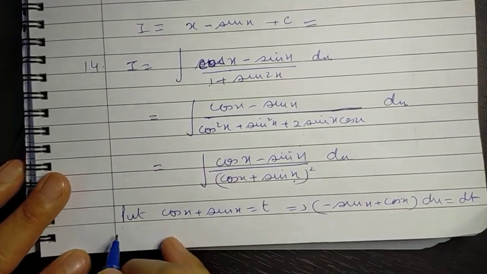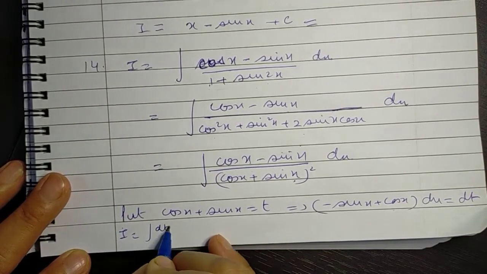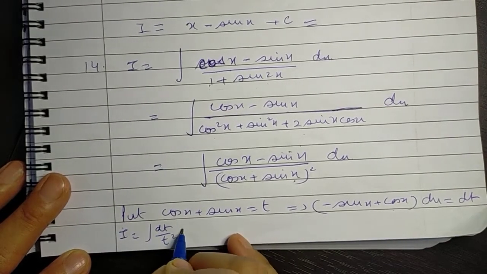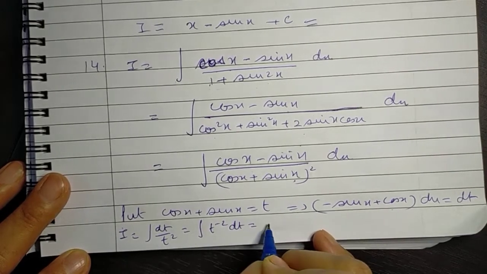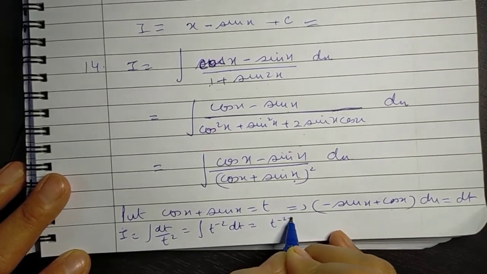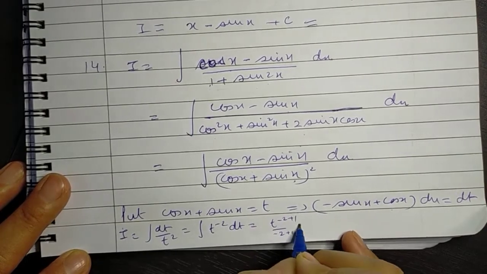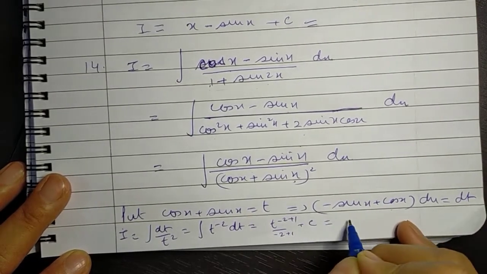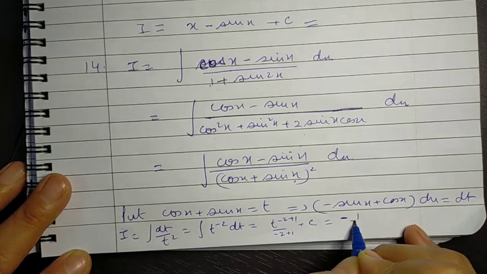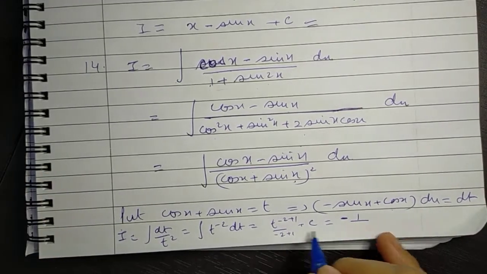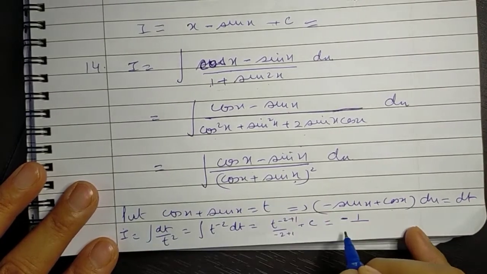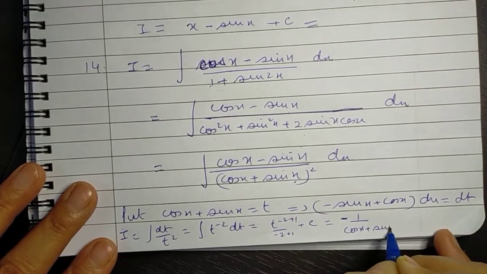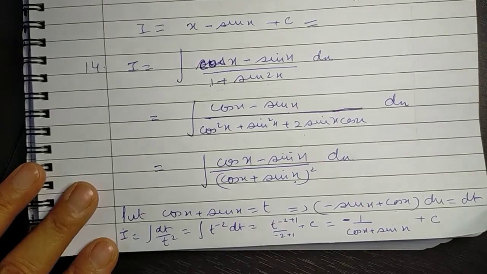So I becomes equal to dt by t squared, which is equal to integral of t raised to the power minus 2 dt, which comes out to be t raised to the power minus 2 plus 1 over minus 2 plus 1, plus a constant, which comes out to be minus 1 upon t, and this t is cos x plus sin x, plus a constant, which is the answer.